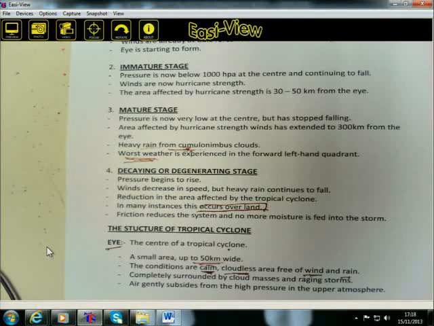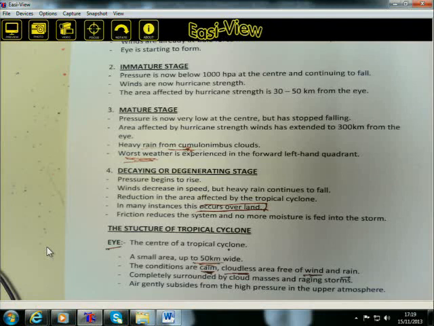You might ask me a question. You said a tropical cyclone is a very dangerous low pressure cell. But how come you talk about calm, free from wind and rain conditions? The answer is simple. This is happening at the center of the tropical cyclone.